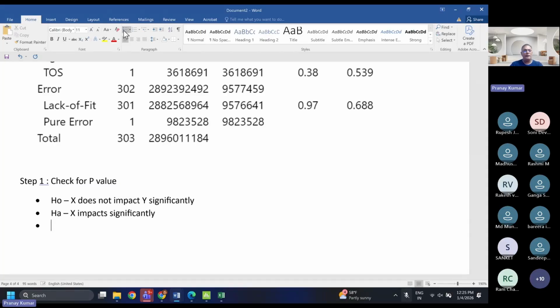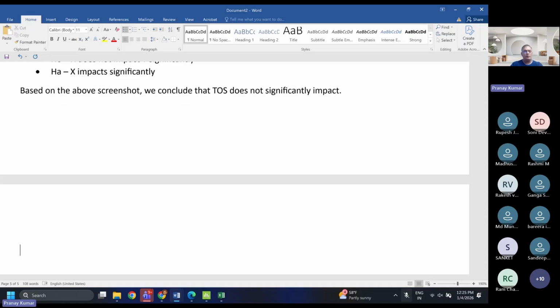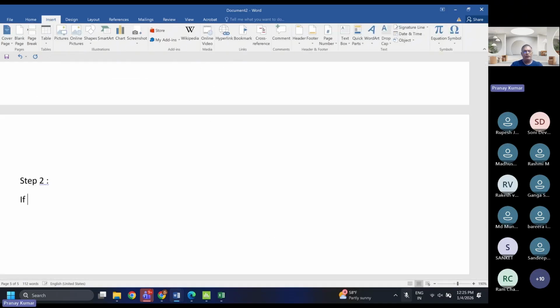So based on the above screenshot, we conclude that time on system does not impact. Step number two: if p indicates the alternate, look for the R-square value.